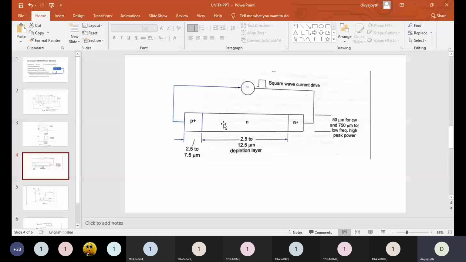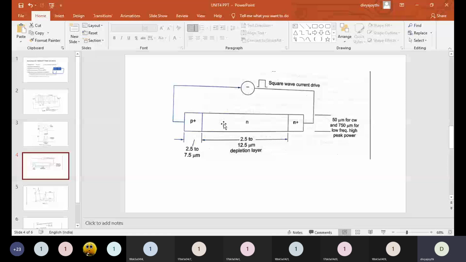From B to D, during this particular time period, the plasma is going to be formed, and from D to E the plasma is extracted. And from E to F also, plasma is extracted, but we call it a residual extraction of plasma.